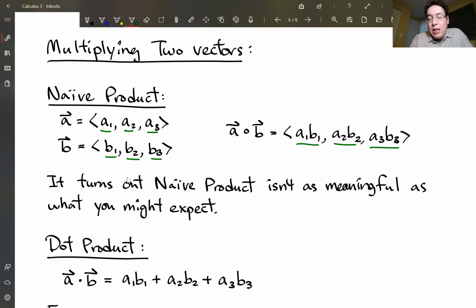It turns out that it does have some uses, but it's actually not as useful as it might first seem. And really the reason that this doesn't give us anything that important is that whatever you get actually depends on which coordinate system you pick, right?